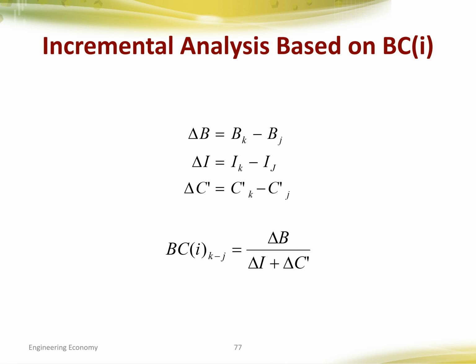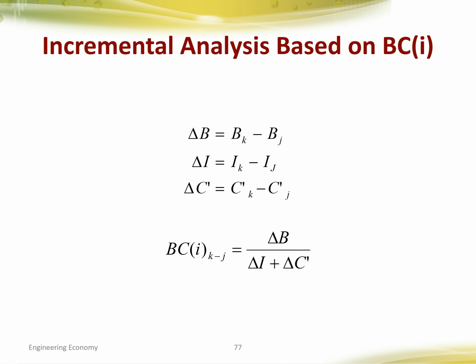Again, it's just subtracting the common part between these two and retaining the incremental parts, and we can do this incremental analysis. With this incremental value, we can compute the benefit cost ratio of the incremental cash flow.